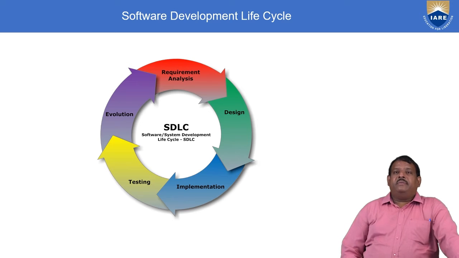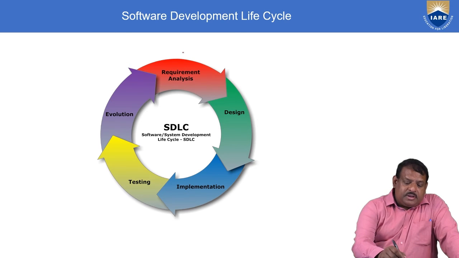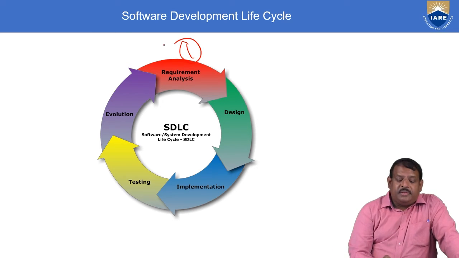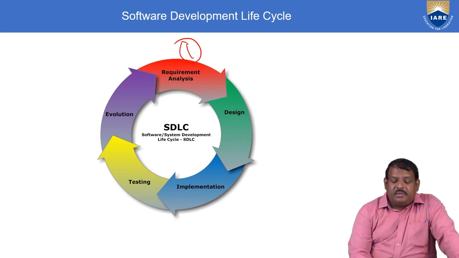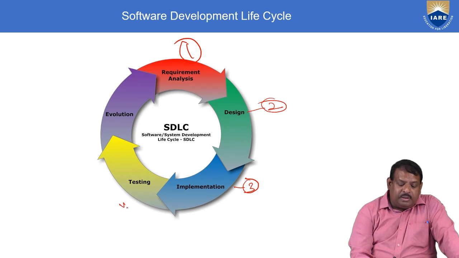If you see the diagram at a high level, in the first step you do the requirement analysis. After requirement analysis, you do the design. The third step is the implementation, where the actual coding is done. Then in the fourth phase, testing is done.